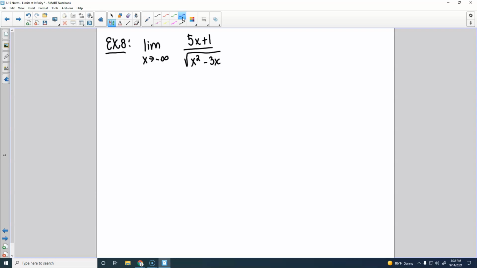Okay. So for this one, you're going to divide by x squared. This is under the square root. Since this is x approaches negative infinity, what do I divide by in the top? Negative x. So I get the limit as x approaches negative infinity of negative 5 minus 1 over x over the square root of 1 minus 3 over x.